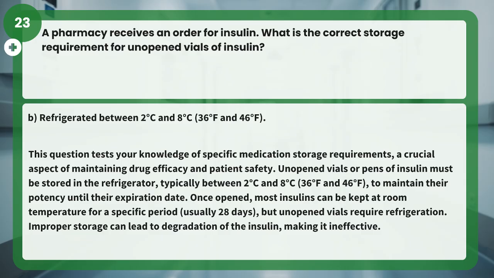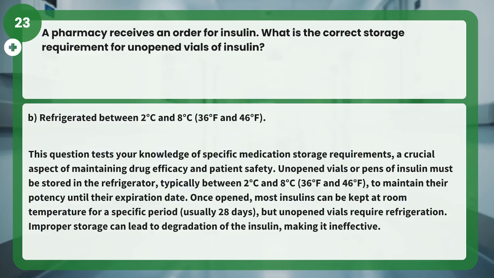Answer B. Refrigerated between 2 degrees Celsius and 8 degrees Celsius, 36 degrees F and 46 degrees Fahrenheit. This question tests your knowledge of specific medication storage requirements, a crucial aspect of maintaining drug efficacy and patient safety.